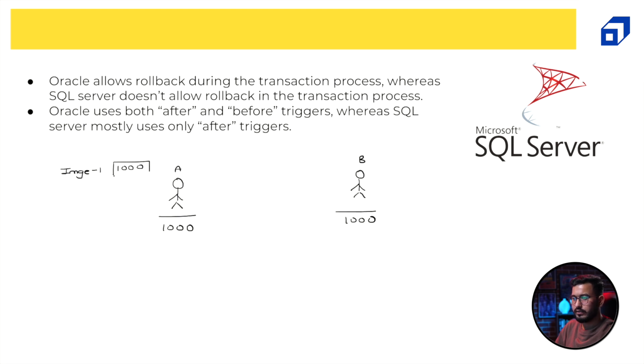This is before transaction. For person B, the initial image 1 is again 1,000. But when person A is sending 500 rupees to person B, image number 2 will become 1000 minus 500, which is 500 now. This is image number 2.